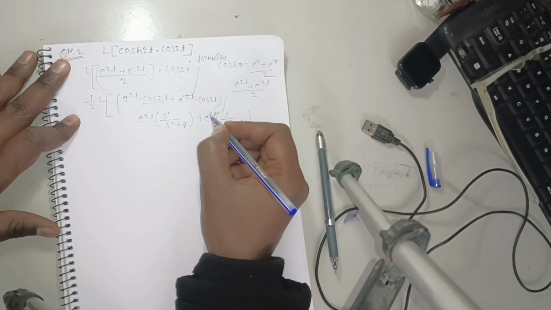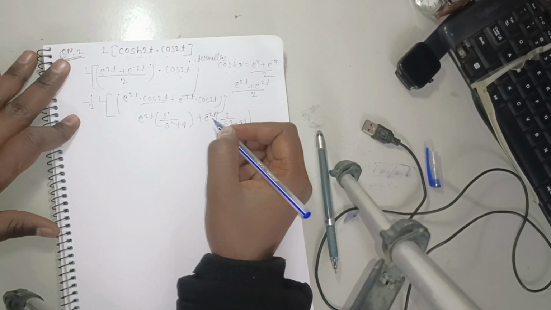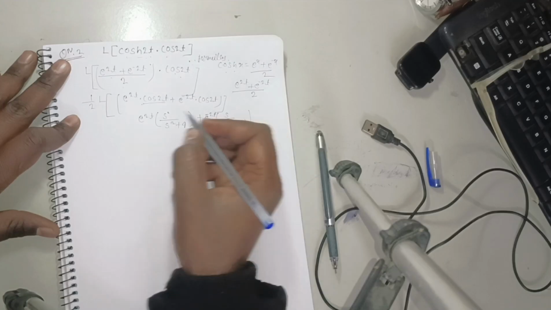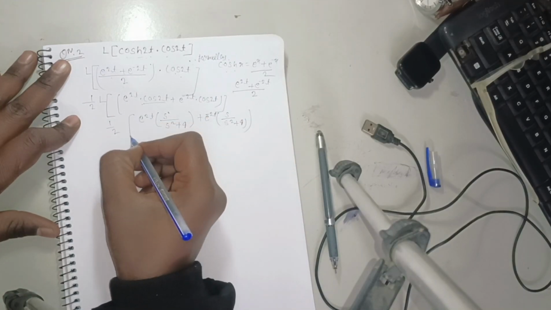Okay, e to the power minus 2t. And 1 upon 2 is outside.